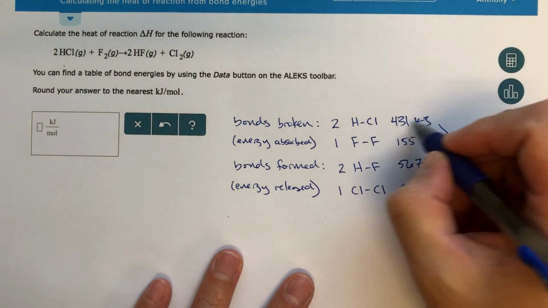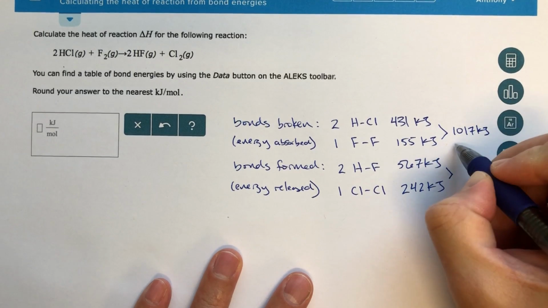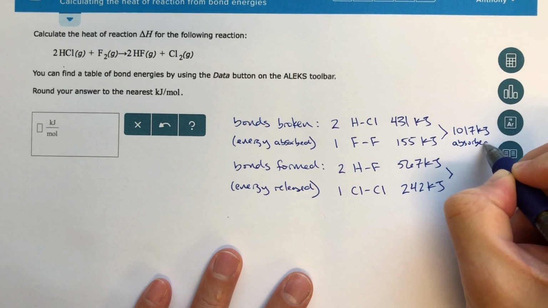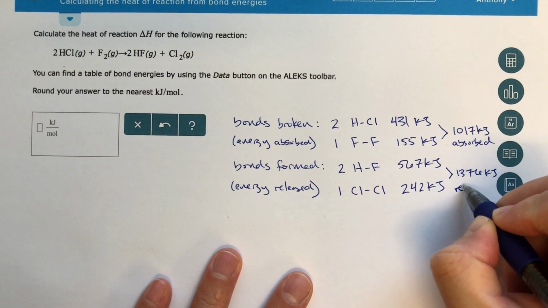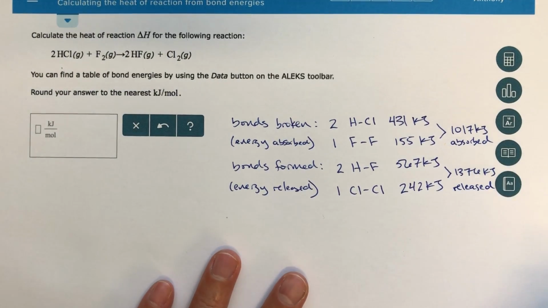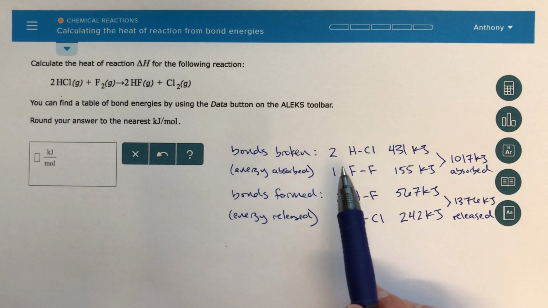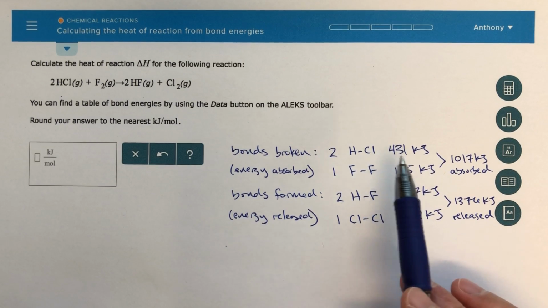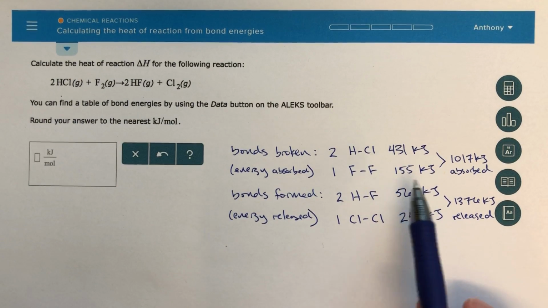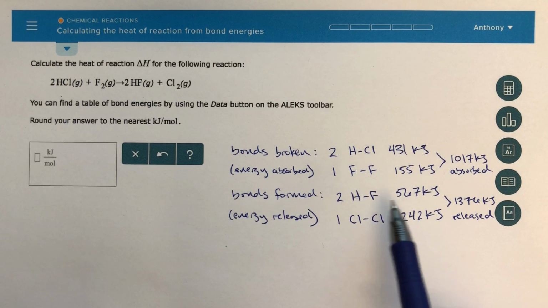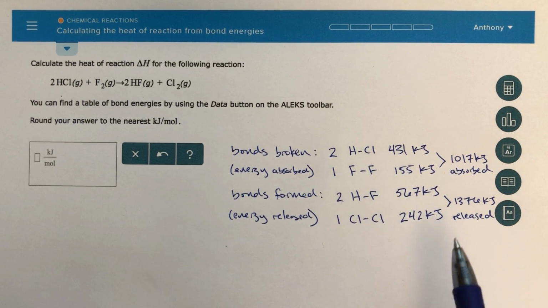So if you add this up, you end up with 1017 kilojoules absorbed, and you end up with 1376 kilojoules released. So I'm just grouping together the amount of energy that's going to be absorbed and the amount of energy that's going to be released. And 2 times 431, because I've got two of those HCl's, that's just my coefficient here, plus 155 should get you this 1017. Same thing here, 2 times 567 plus 242 should get you this 1376 kilojoules.